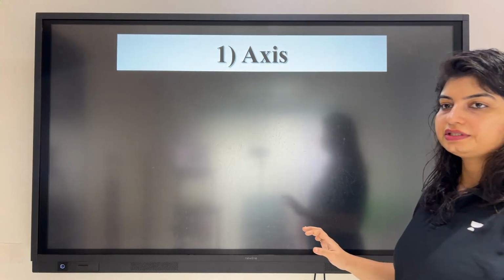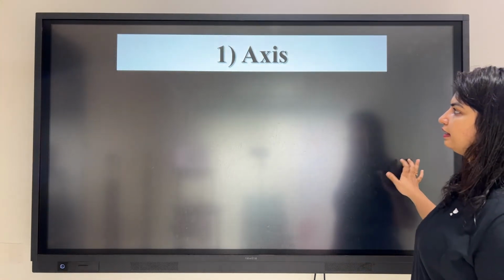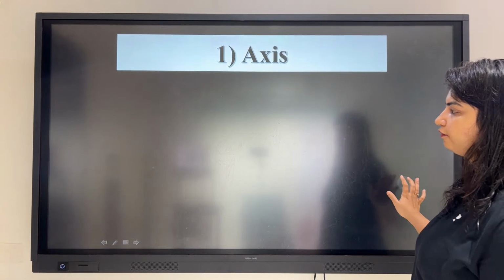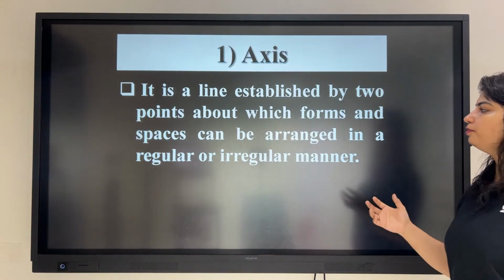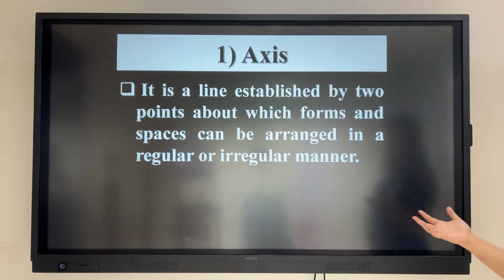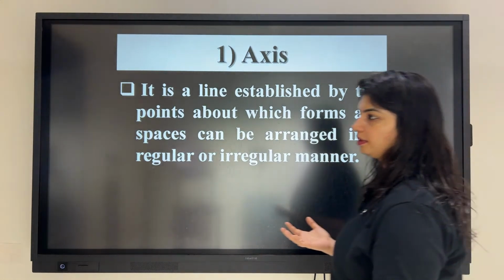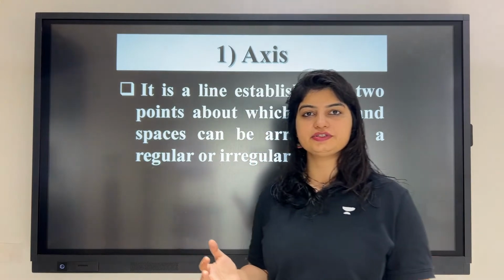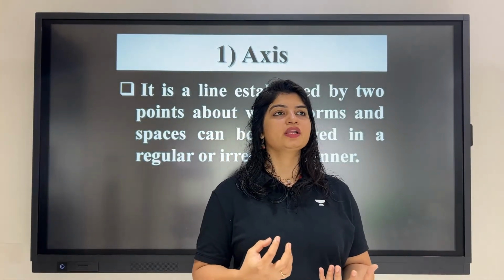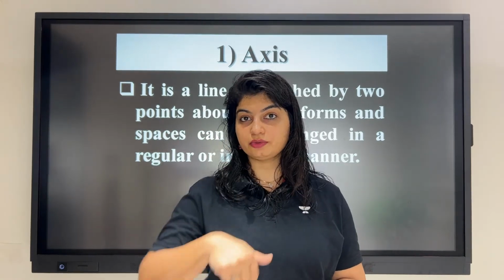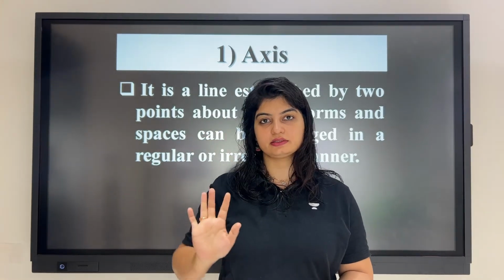Okay, the very first principle of design is the axis. The axis is the line established by 2 points about which forms and spaces can be arranged in a regular or an irregular manner. Suppose you talk about logos, say McDonald's, you have that M coming up as a logo, right?